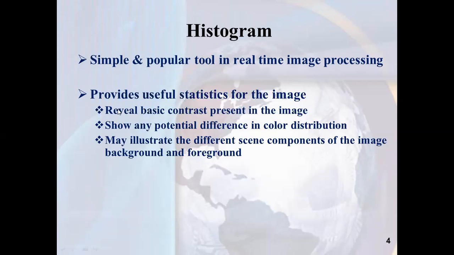As we said, if the majority of values are low, it means the image is dark. If the majority of pixels are of higher value, it means the image is white, and so on. So we can see, for example, how many pixels are dark, how many pixels are bright, and so on. And it also shows the potential difference in color distribution.